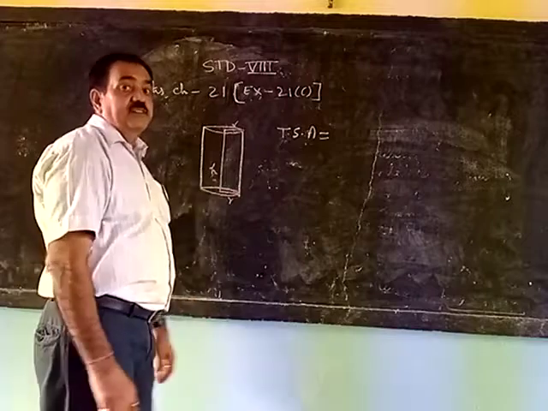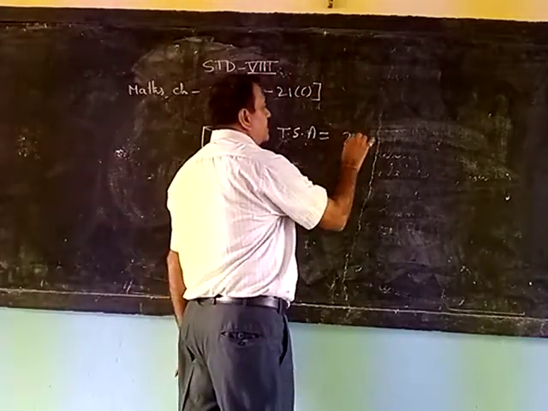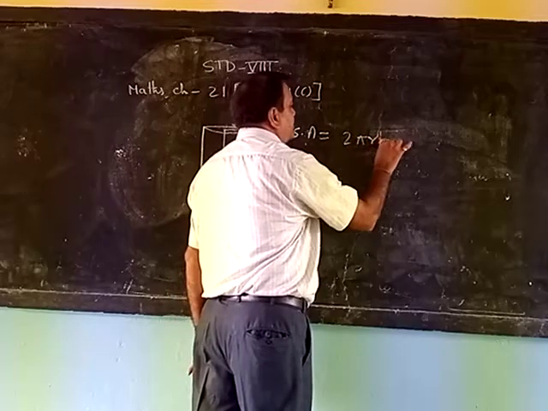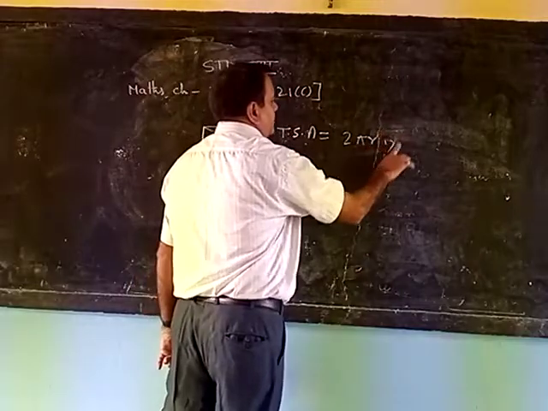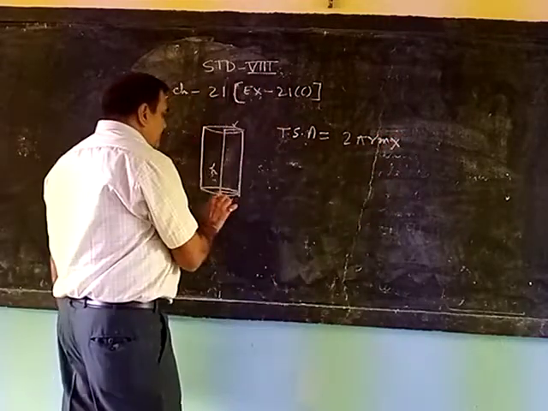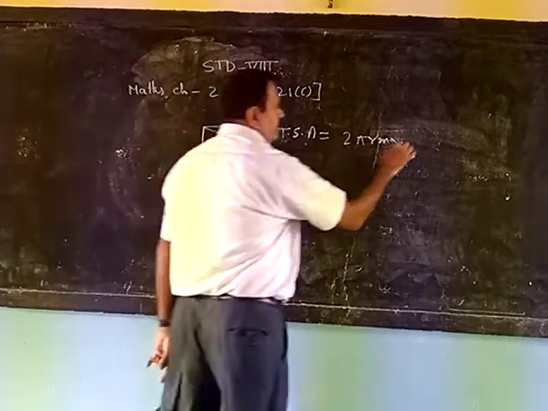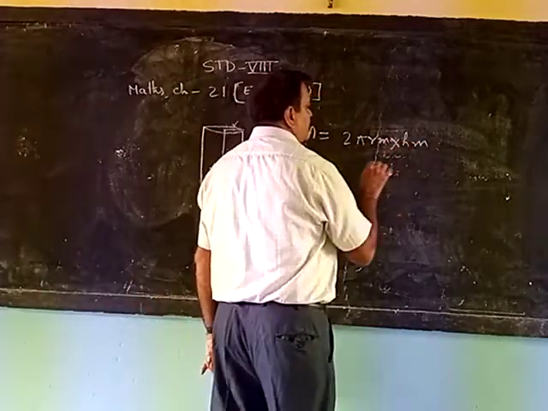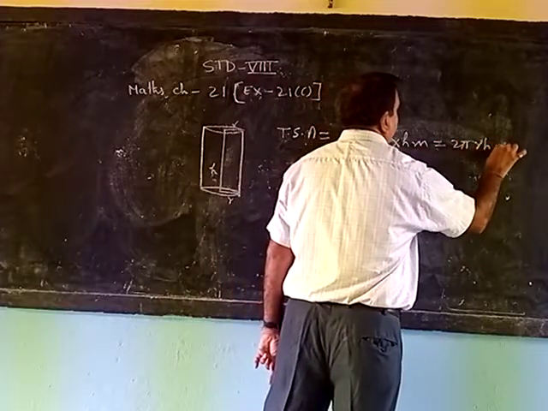The circumference of the circle is 2 pi r. This is the circumference in meters, multiplied by the height of the cylinder, which is also in meters. Then it becomes 2 pi r h meter square.